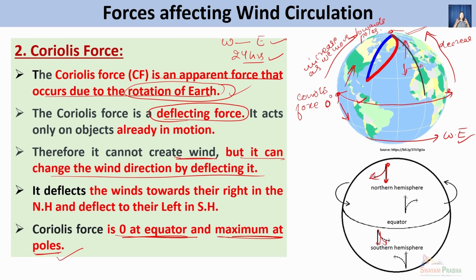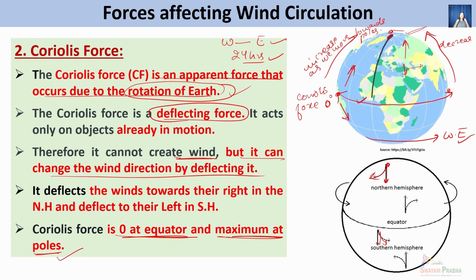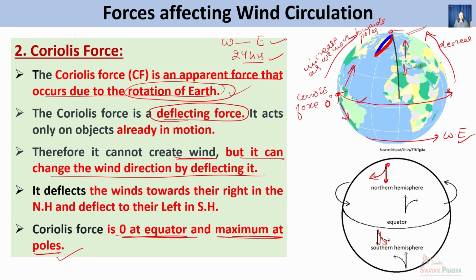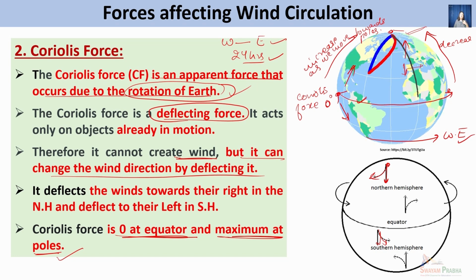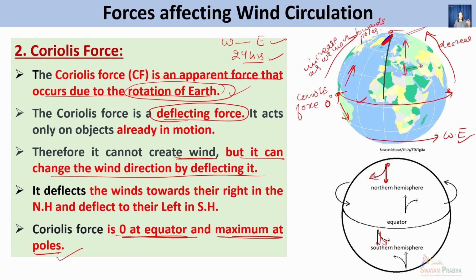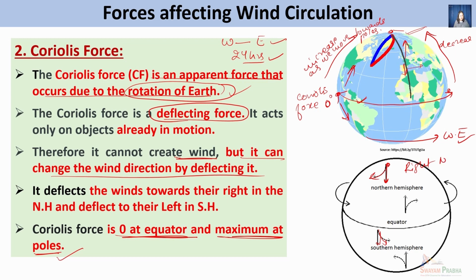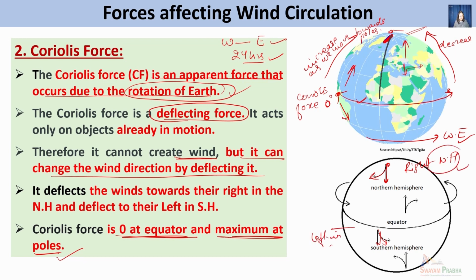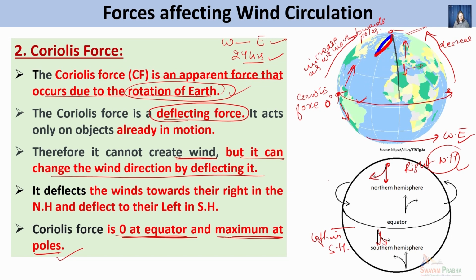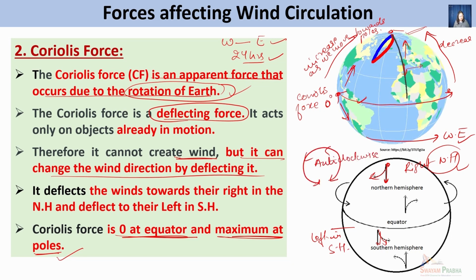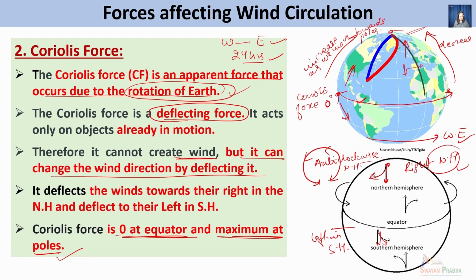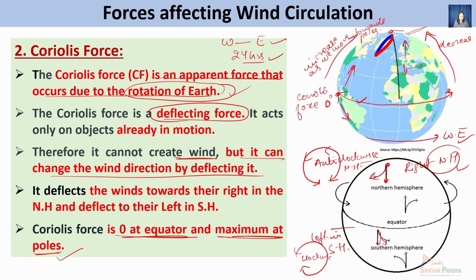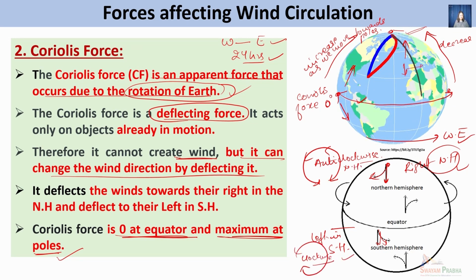So based on the origination of the wind and their direction, from the origin point, the winds are always deflected towards their right in the northern hemisphere and towards their left in the southern hemisphere, because of which you have anti-clockwise circulation of winds in the northern hemisphere and clockwise circulation of winds in the southern hemisphere.